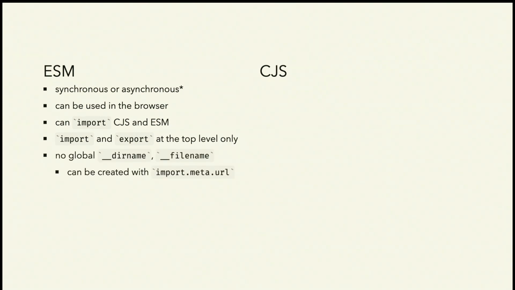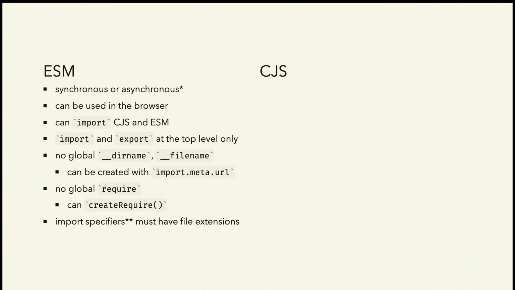There are no globals like __dirname and __filename, although you can derive them from import.meta.url. There's no global require, but you can create a require with the createRequire function. And there are import specifiers, which are something new compared to CommonJS. They must have file extensions. We'll see what import specifiers are in a moment.